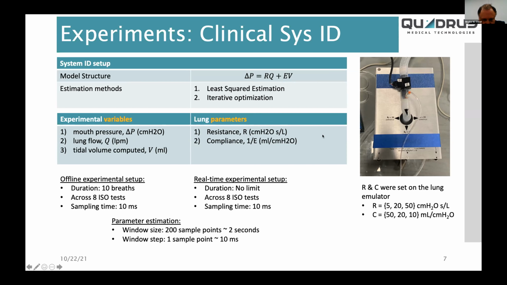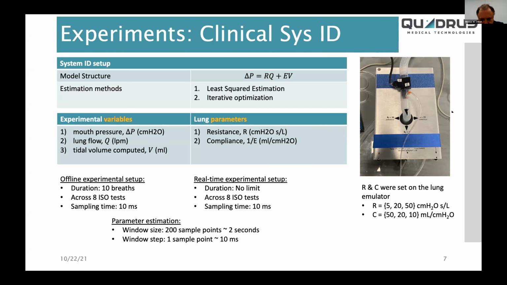Now, why do we have to estimate these parameters? These parameters are very important because they can aid in the diagnosis of patient lung disease. Further, the generated mathematical model with the estimated parameters can be used by medical doctors and physicians to assess therapy options to improve lung health.